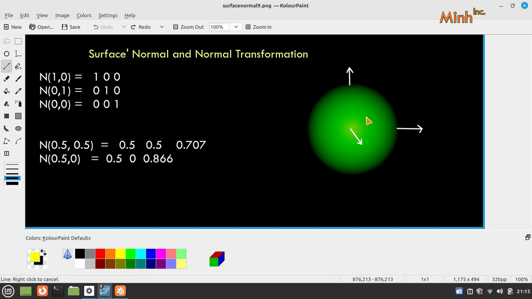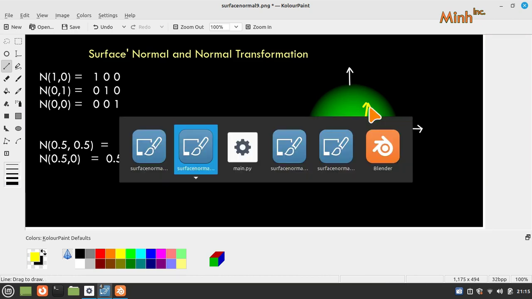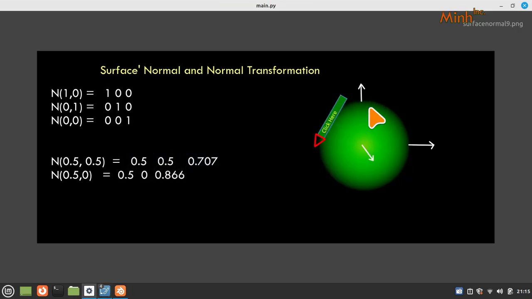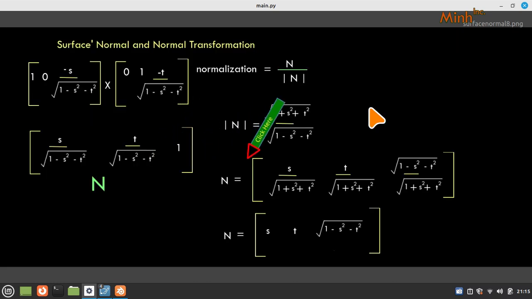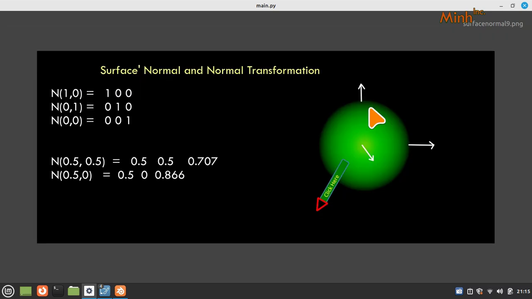It would be inside the sphere, at this point, and in Z direction we have to think. But we don't have to worry about Z. This is the class of this explicit definition of the analytical surface. If I say X and Y are 0.5, 0.5, then it is 0.5, 0.5 as per the equation s, t, and square root of 1 minus s square minus t square. So 0.25, 0.25, 1 minus 0.5, to the square root. That would come as 0.707.